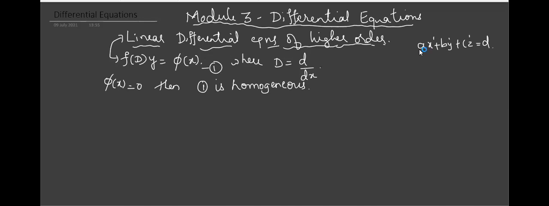Are you understanding? Now suppose phi of x is not equal to 0. Can you guess what this should be called then? Non-homogeneous. The opposite of homogeneous is non-homogeneous.